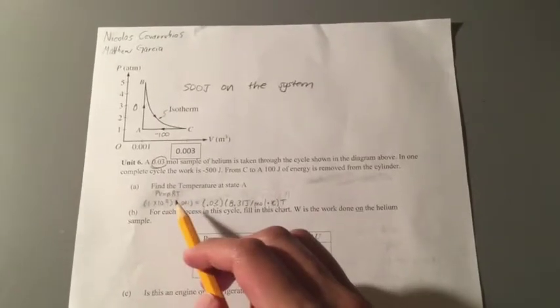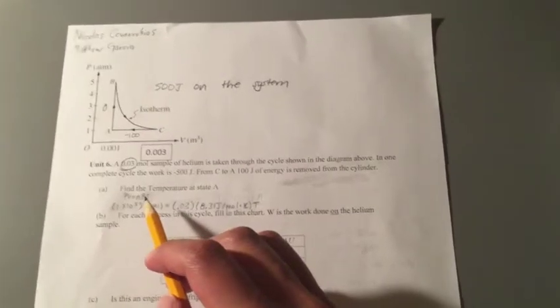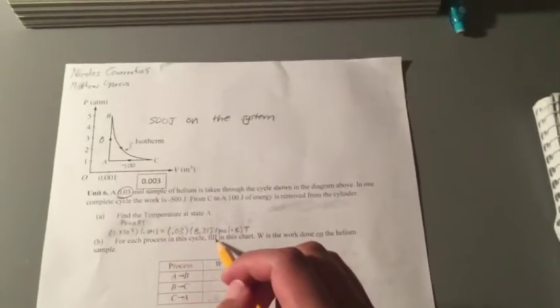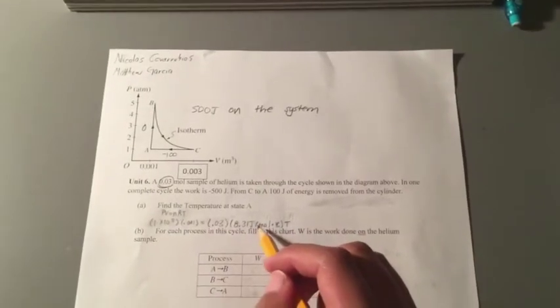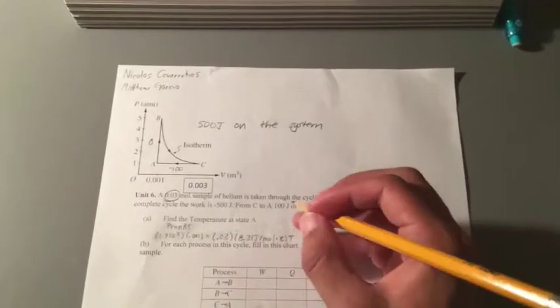And R equals 8.31 joules over moles times K. That is the constant for R.